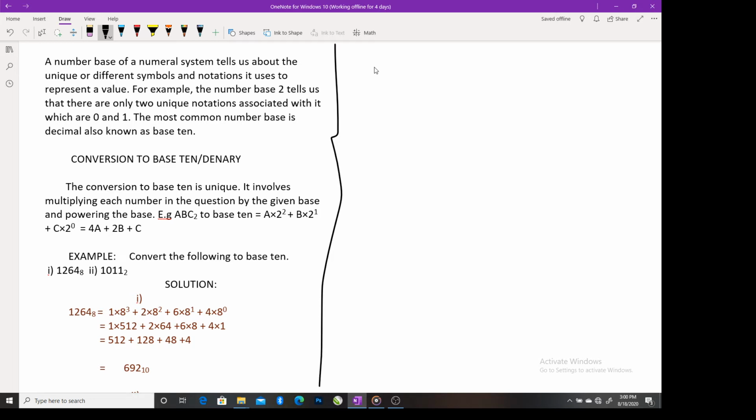You have ABC in base 2. When we change to base 10, pick each of the numbers you are given. Just have A, then you multiply by the base. What is the base? The base is 2. Then plus, you pick the second one, B, again times 2.